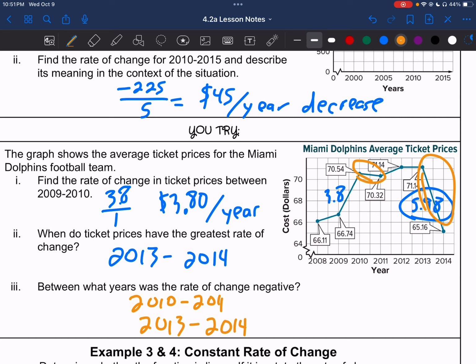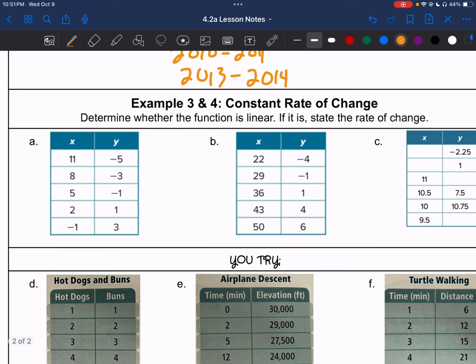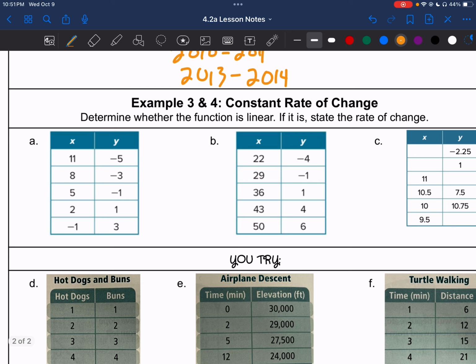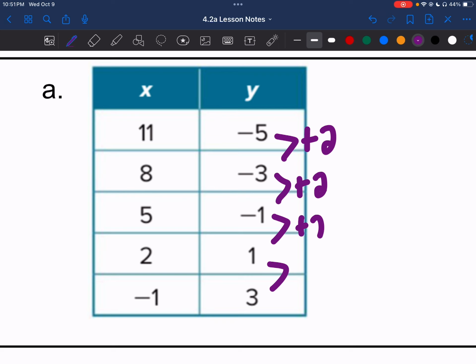All right. So now we're going to go on to examples 3 and 4, and we need to determine whether the function is linear, and if it is, we want to state what the rate of change would be. So letter A, we have a change value. So we're going to see what are we changing by. So -5 to -3. So we're adding 2, we're adding 2, we're adding 2, and we're adding 2.